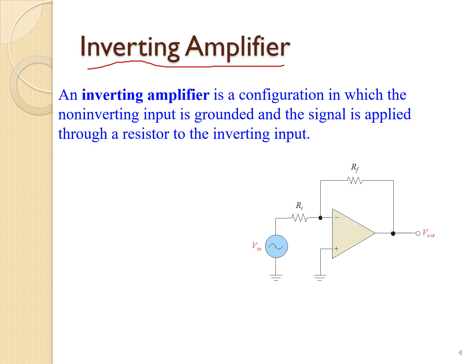Inverting amplifier. An inverting amplifier is a configuration in which the non-inverting input is grounded and the signal is applied through a resistor to the inverting input.